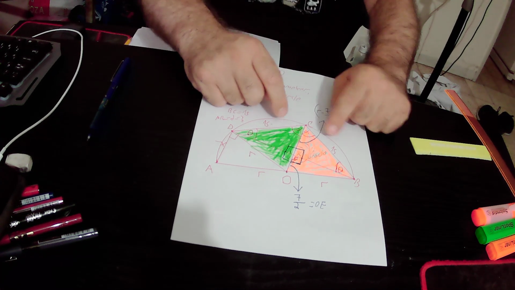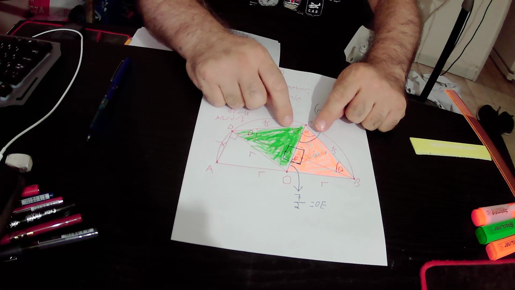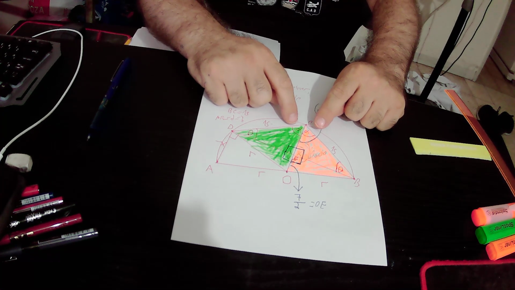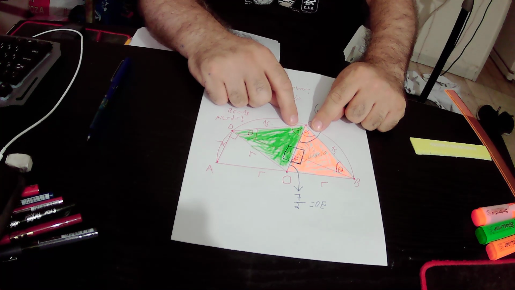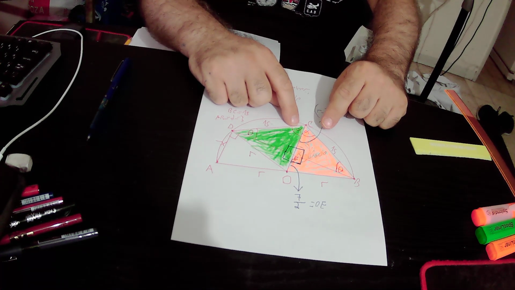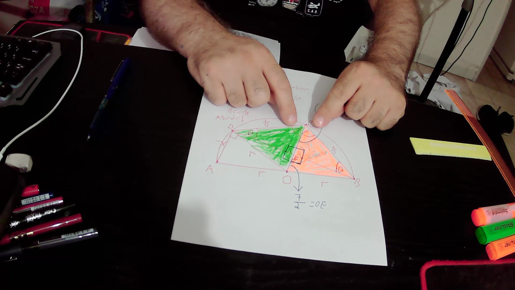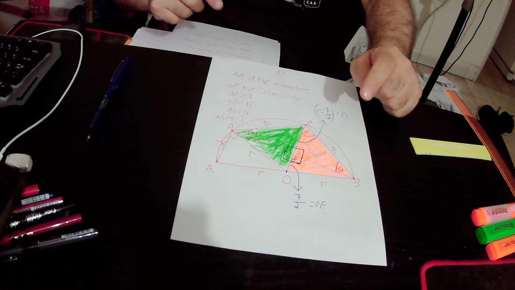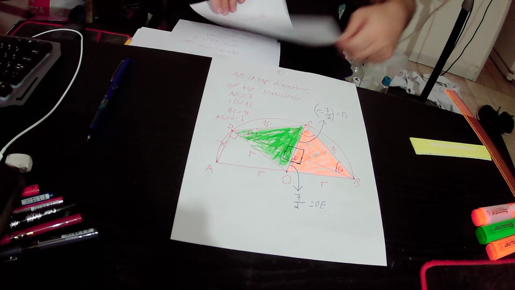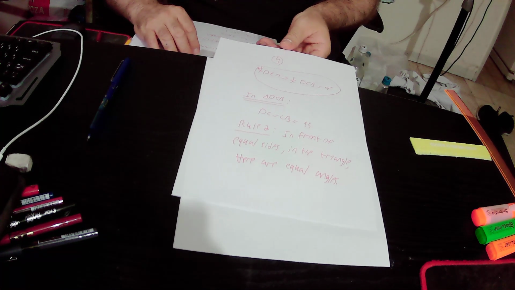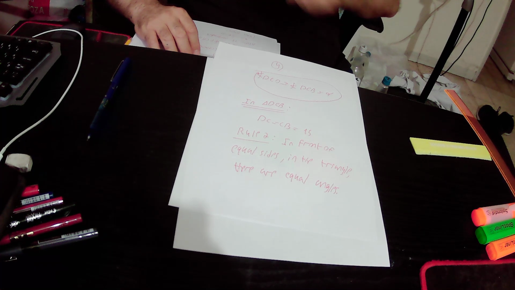So from the fact that those two triangles are congruent to each other, we can deduce that those two angles are equal to each other, according to the rule that corresponding angles in congruent triangles are equal. So we define one angle as alpha, so the other angle that equals this angle must also be equal to alpha. Okay, so angle OCD equals angle DCB equals alpha.